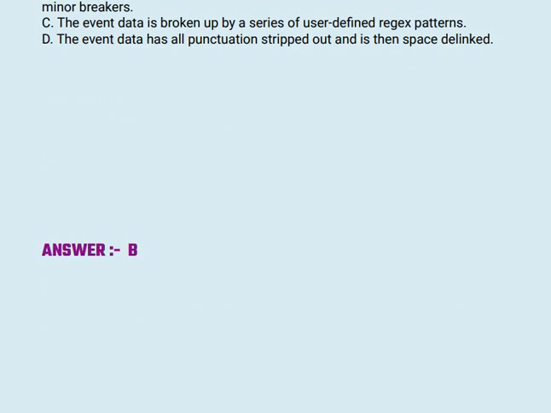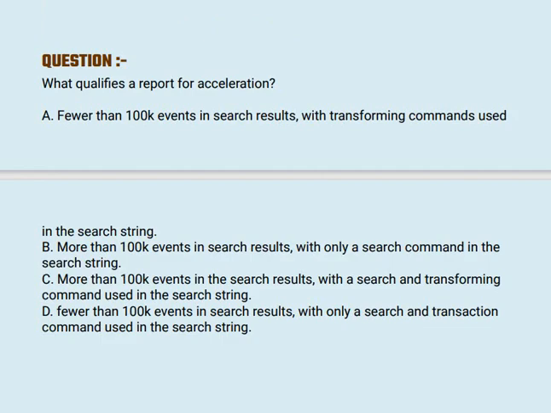Moving to next question. What qualifies a report for acceleration? Option A, fewer than 100k events in search results with transforming commands used in the search string. Option B, more than 100k events in search results with only a search command in the search string.